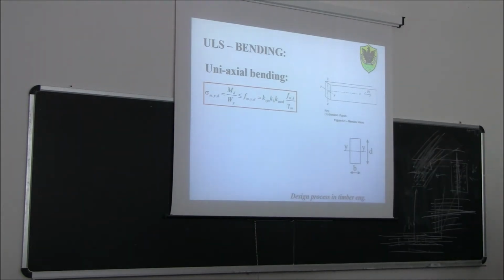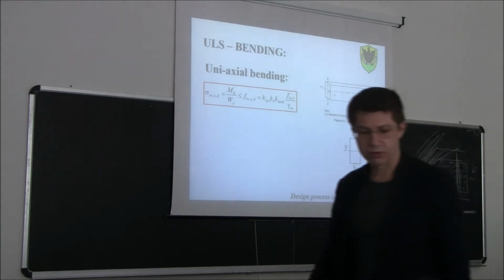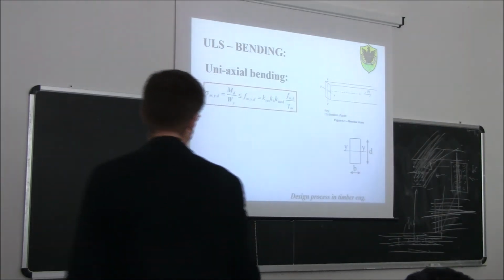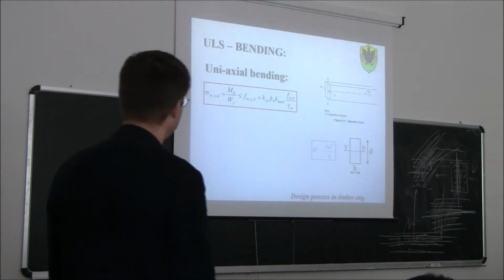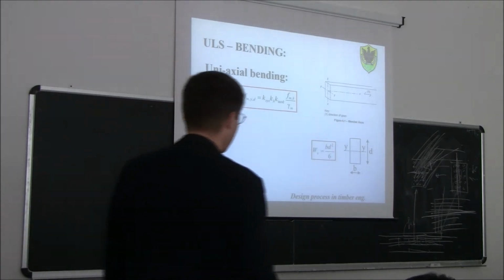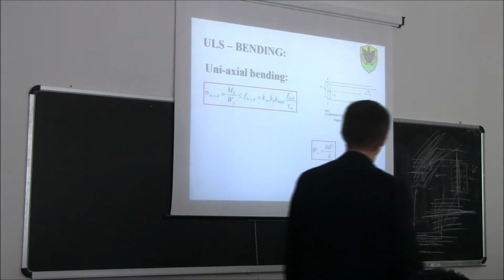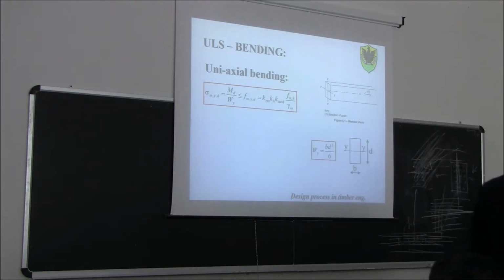The bending strength is a conventional quantity that has been defined considering a simplified bitriangular distribution of stresses and neglecting the possible plasticization of wood in the compression zone, just for the sake of simplicity for the designer. The section modulus of a rectangular cross-section is bd squared divided by 6.